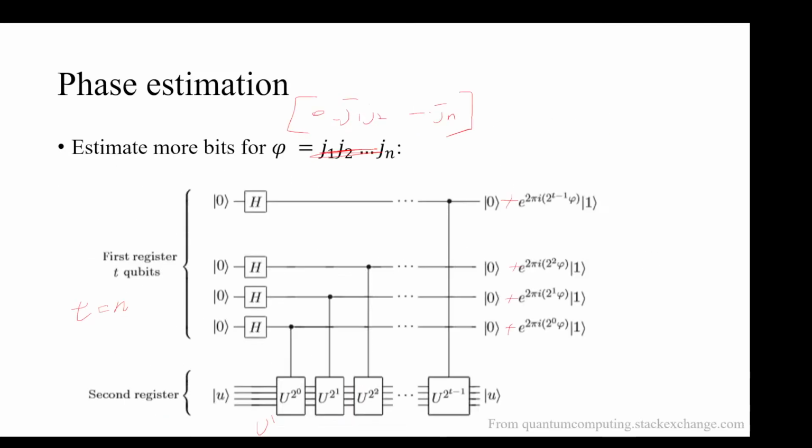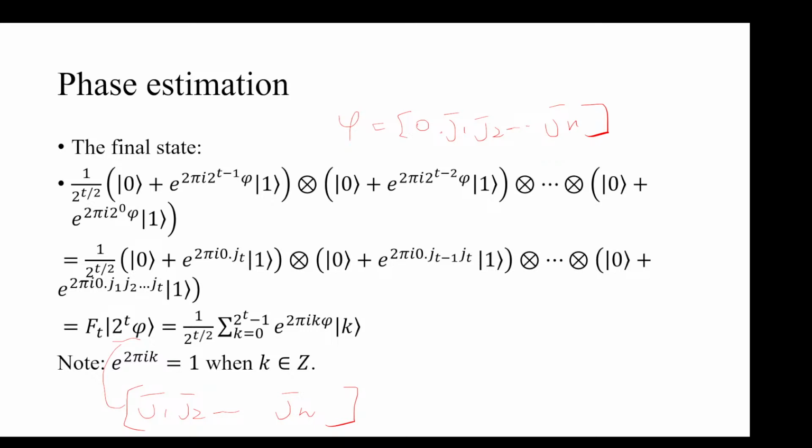It's a bit annoying, but let's keep the notation of t equal to n here. So that's the Fourier transform of j1 to jn, and if you write it down, the Fourier transform is also equal to this thing. We don't really need this.